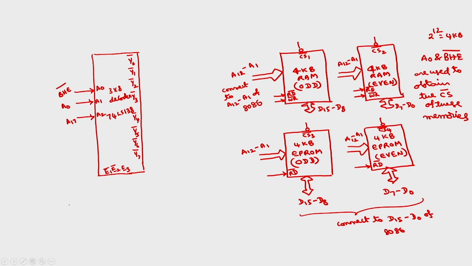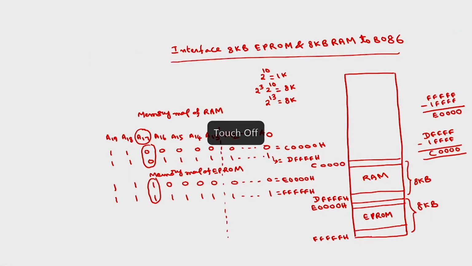Then what about the remaining address lines? The remaining are A13, A14, A15, A16, A18 and A19. A18 and A19 are always ones only. In case of EPROM, this A13 to A16 starting address is 0, ending address is ones.